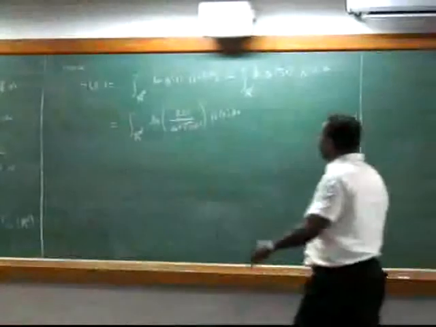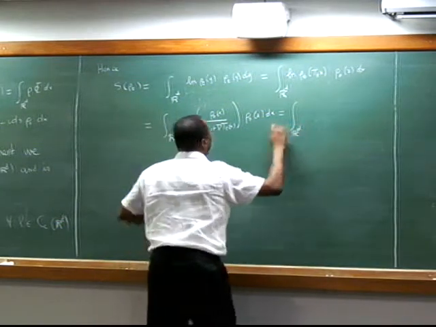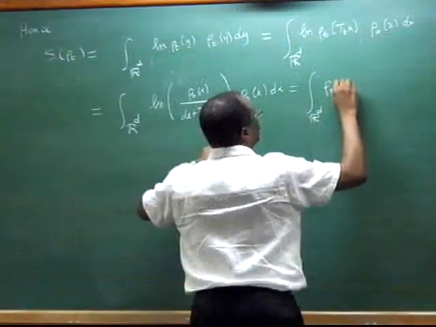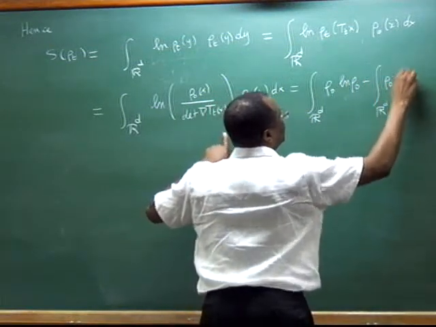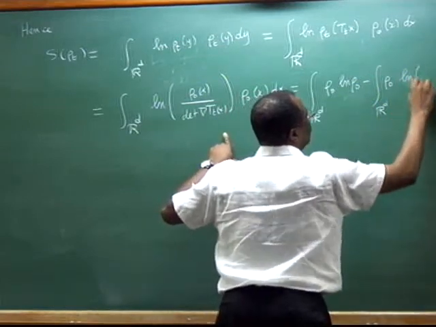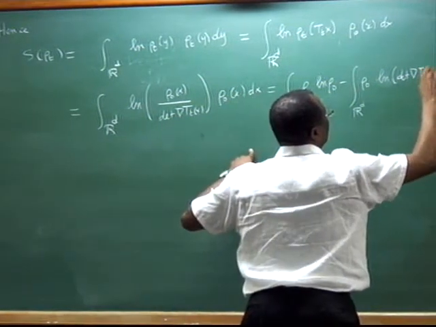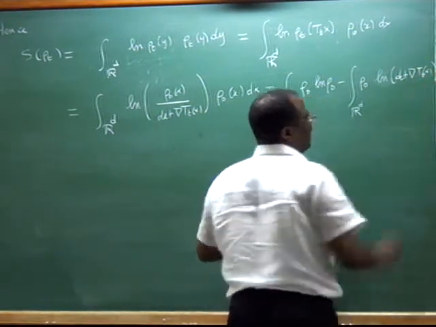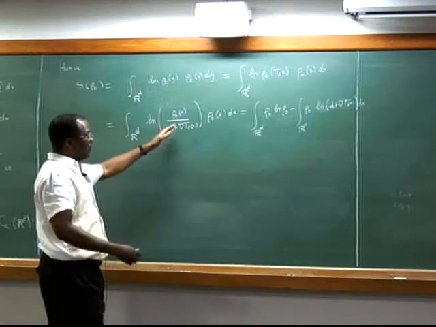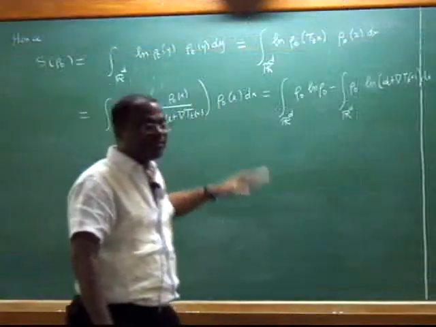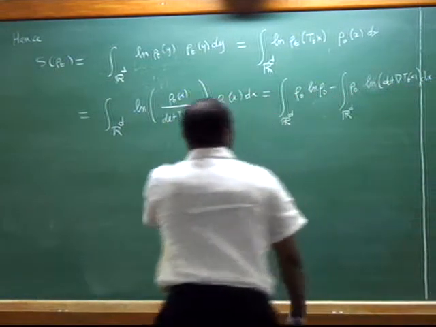Now, what is specific about the log is that I am going to write that this is the integral over Rd of rho naught log of rho naught, minus the integral over Rd of rho naught times the log of the determinant of the gradient of T_t of x dx. And if I don't have the log, I will need to leave my f prime there and do an expansion of order 1. But since I have the log, it is simplifying my life. Call this 1.